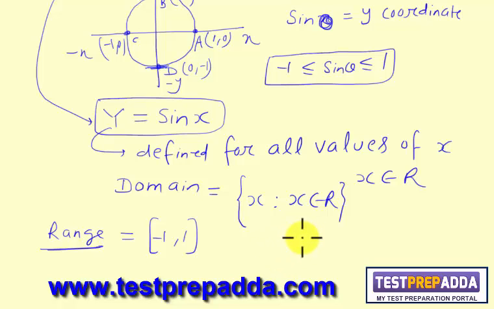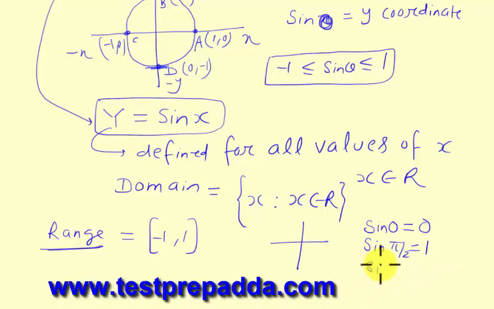Now, if you check carefully, at 0 radian, sine 0 is 0. Sine pi by 2 is 1. Sine pi is 0.